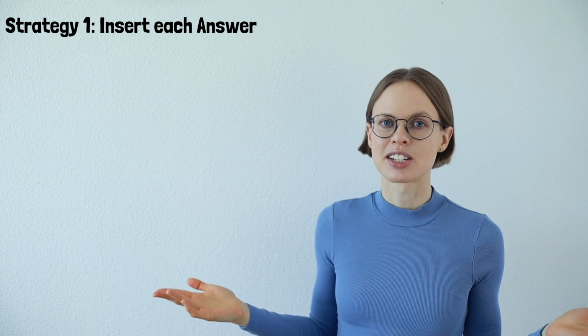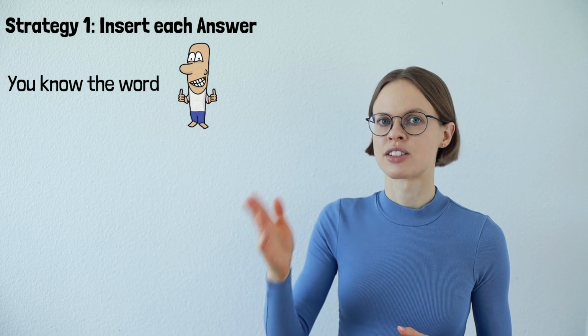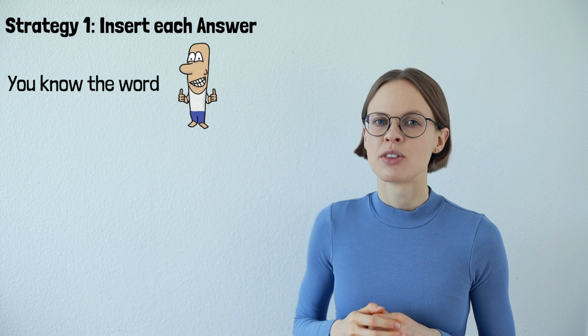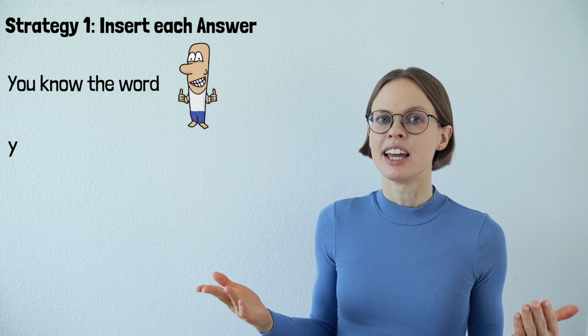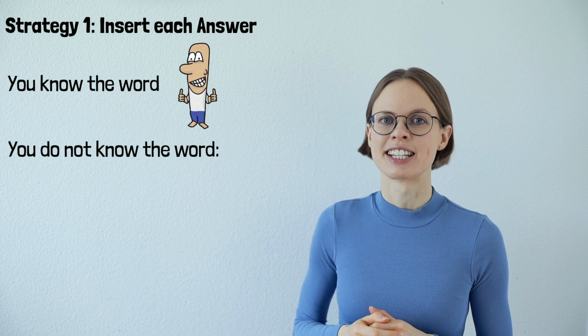There are 2 ways things can go. Either this question is very easy for you or it's difficult. The question is very easy for you if you know what the word means. Then you just choose the correct answer. The question is difficult if you have absolutely no idea what this word means.